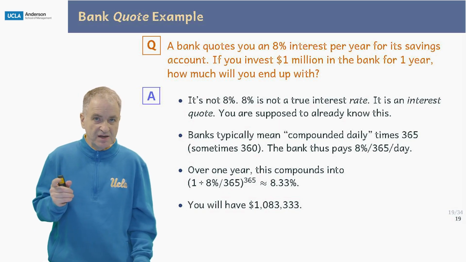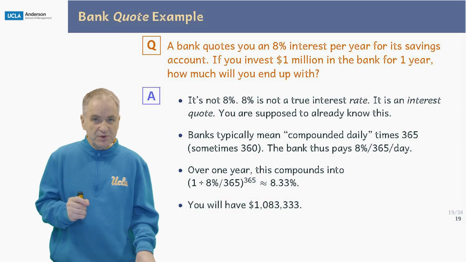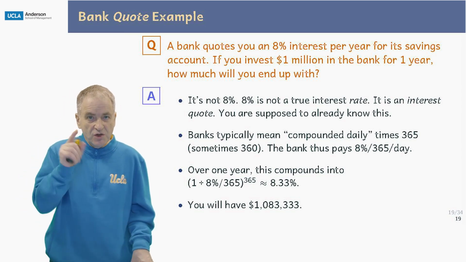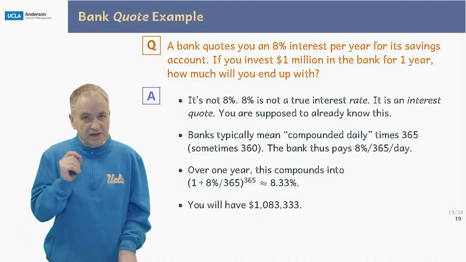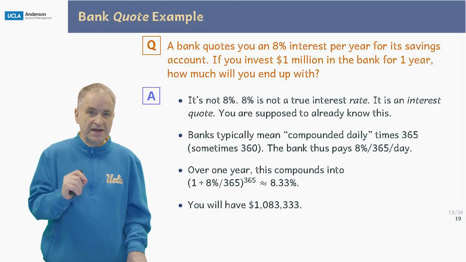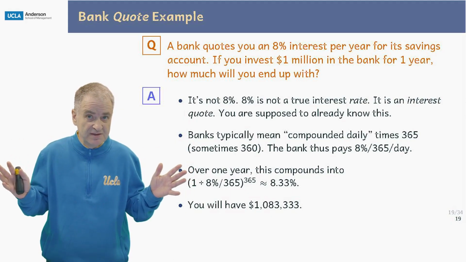It's not 8%. If you answered $80,000, wrong. 8% is not a true interest rate. It's an interest quote. You are supposed to already know this. So what banks really do is they typically mean something compounded daily times 365, and sometimes just 360.